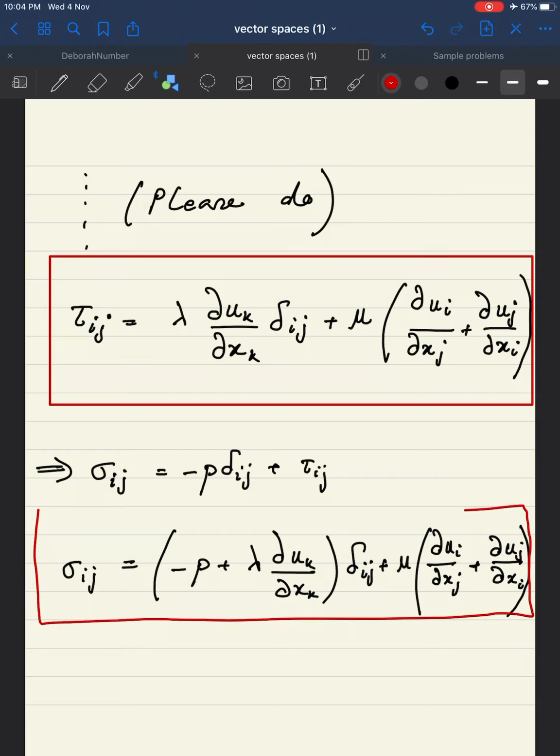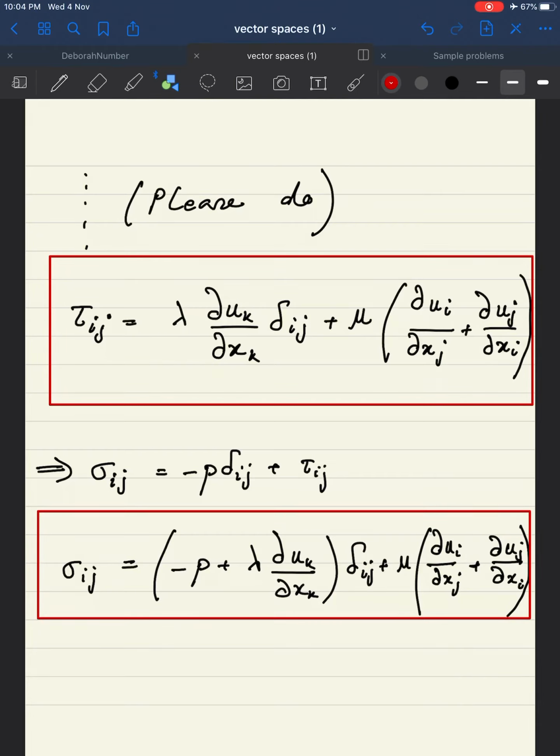It's our gateway to what is called the Navier-Stokes equation. We are almost there, but a little bit more remains in order to get there. But this is now also called the stress strain rate constitutive relation for a Newtonian fluid.